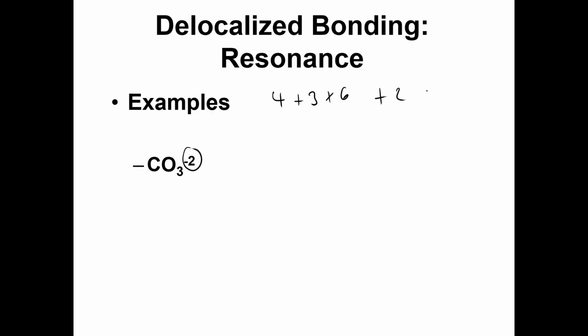So we have 24 valence electrons. Put the carbon in the center. Take those 3 oxygens. Use up 6. Put the rest around it. 7, 8, 9, 10, 11, 12, 13, 14, 15, 16, 17, 18, 19, 20, 21, 22, 23, 24.